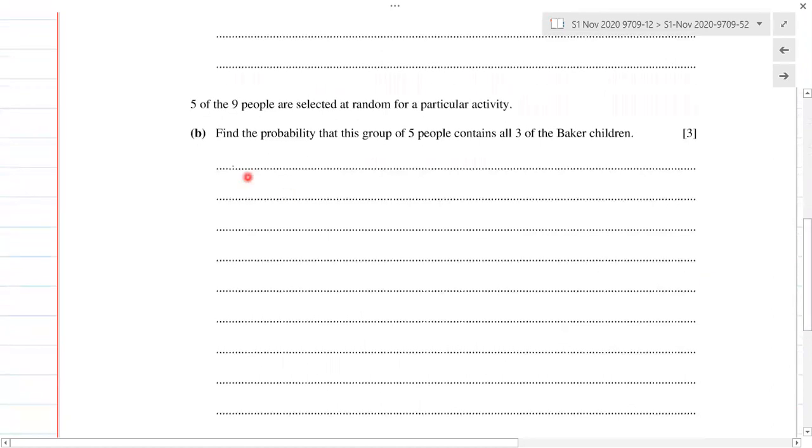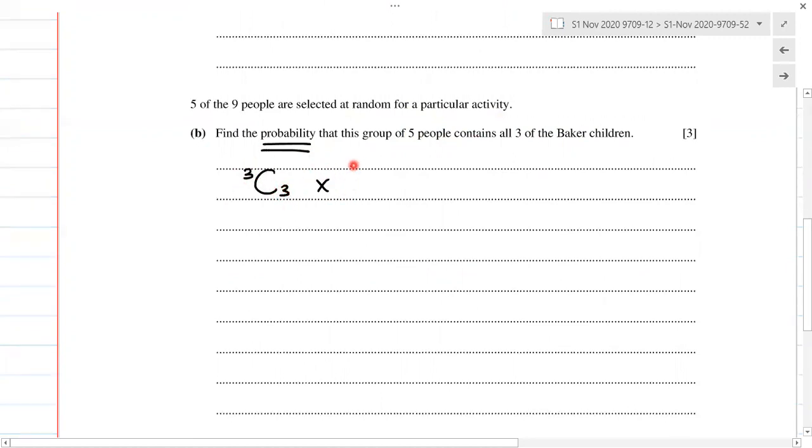Part B: 5 of the people are selected at random for a particular activity. Find the probability that this group of 5 people contains all 3 of the Barker children. Mr. Barker and Mrs. Barker have 3 children, so that's 3C3, I'm selecting all 3.